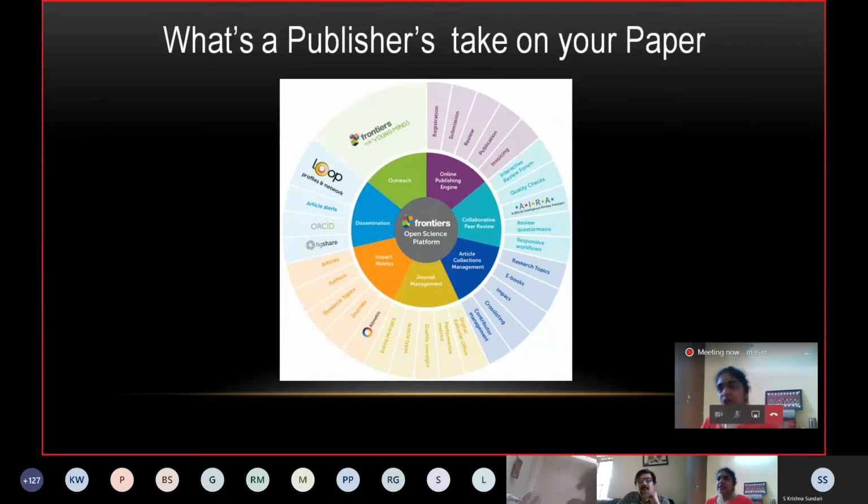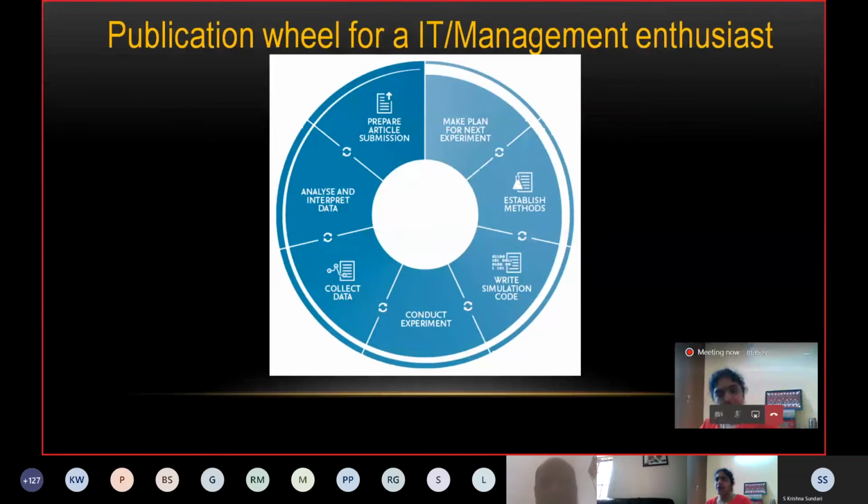Now moving to the next, which is the publisher's take. That means once your paper goes to the publisher, what are their responsibilities? How are they going to place your paper, and utilize it for the maximum benefit of the audience? Like I have said, the publication wheel changes from one field to another.